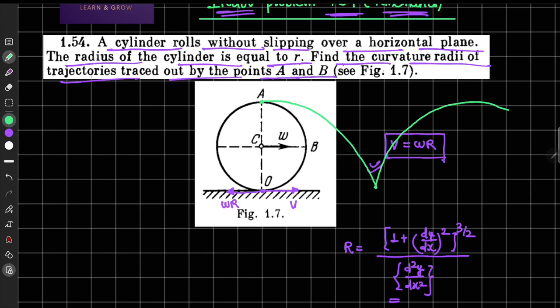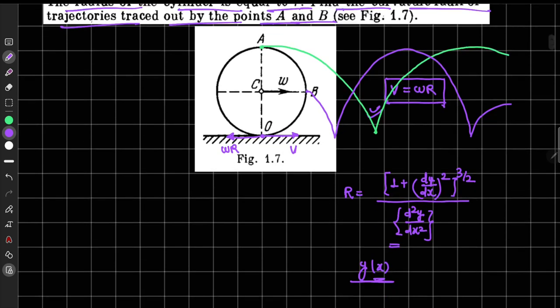If we talk about point B, then point B will go in this direction and then move something like this. For this case also we can find the tangential velocity and the perpendicular force to find the radius of curvature.